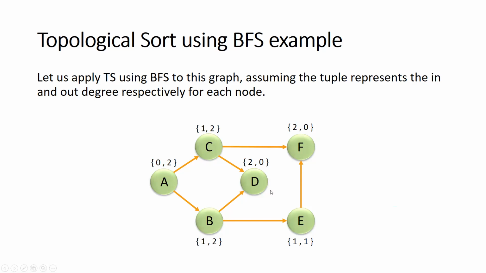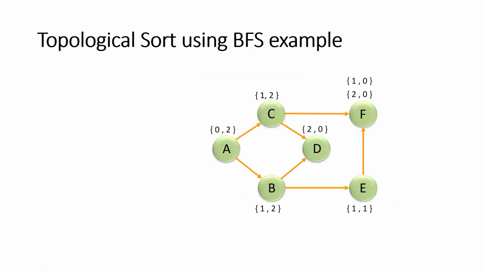The tuples above each node represent the in and out degree for each node. So let us follow the steps and see how our topological sort will look. To start with, we should start with the node that has in degree equal to 0, which is A. So A will be our first node.